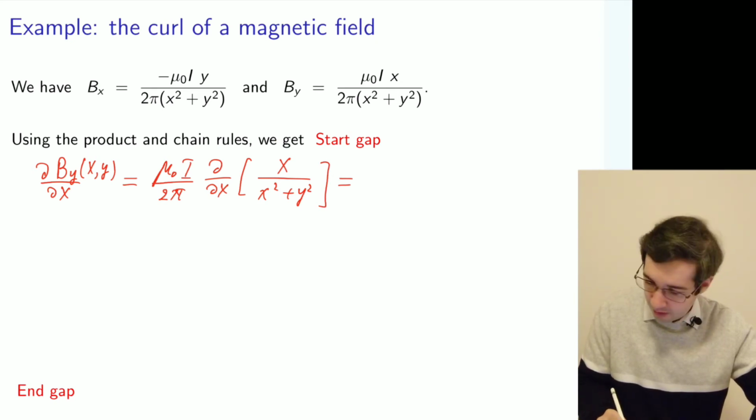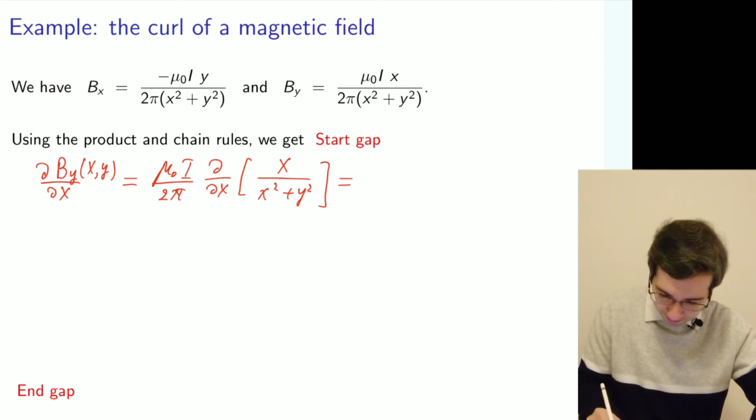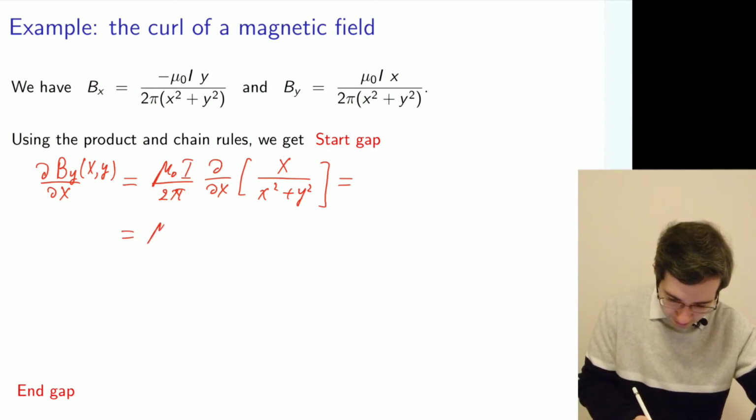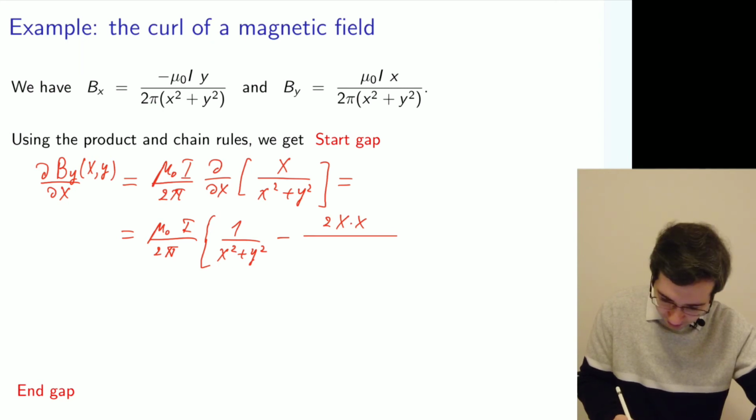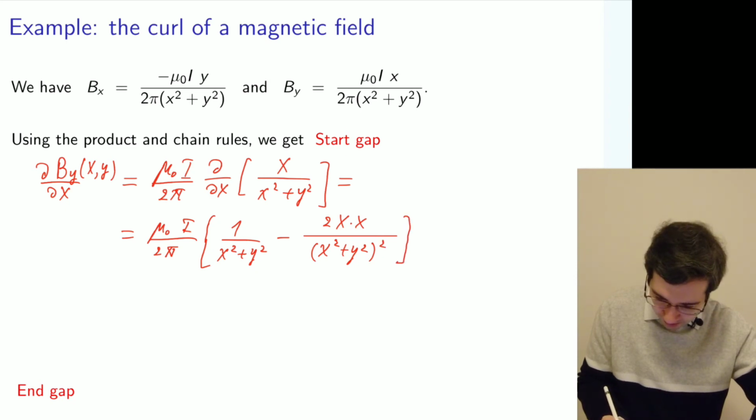using the product and chain rules, we have mu naught I over 2 pi times 1 over x squared plus y squared minus 2x times x over x squared plus y squared, all squared.